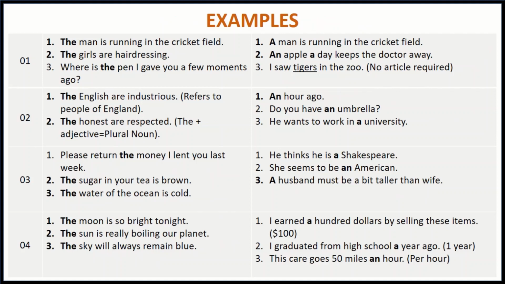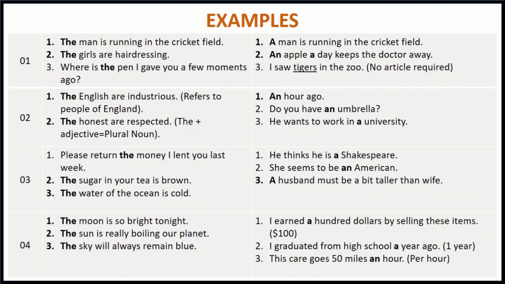You see these examples. Rule number one was that you have to use the with common nouns. They can be in the sense of plural also. For example, the man, it's a common noun, singular. The girls is a plural common noun. The pen, a singular common noun.